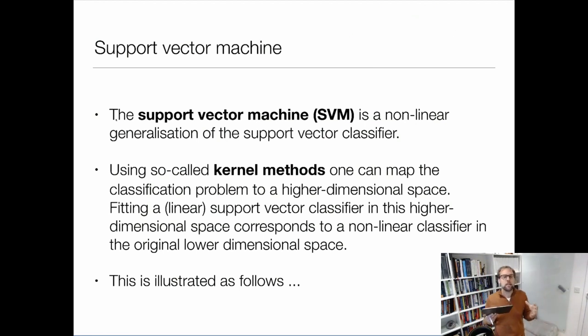So we're trying to map our original space, the predictor space, which is p-dimensional, into a higher dimensional space in which we find the linear support vector classifier, but then project it back down into the original lower dimensional space. This classifier can actually look non-linear, and it will provide us with a non-linear decision boundary.